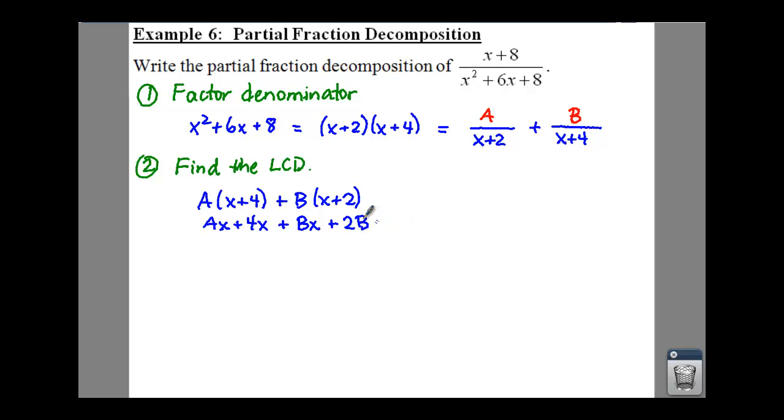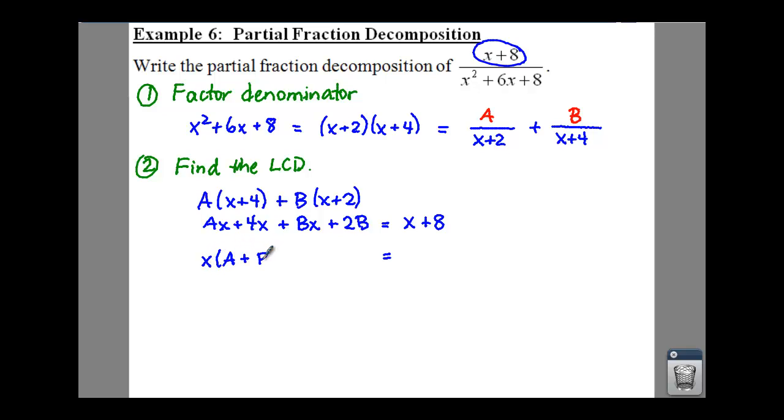And this is going to be your numerator that you're going to have in order to help solve for a and b. Well, the problem is we're going to need to set this equal to your original numerator, which is x plus 8. And what we're going to do next is you need to combine anything with an x. So you have your ax and your bx. Those would be combined. And you can actually factor out an x from each of those.